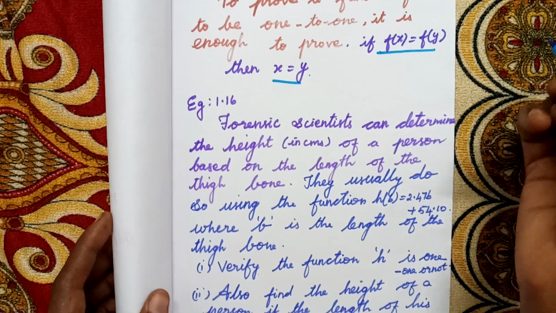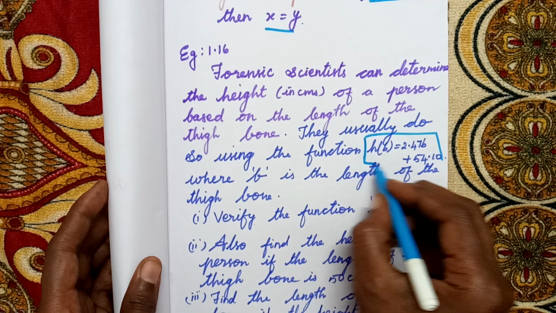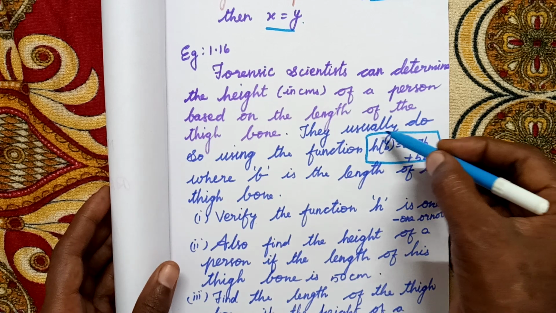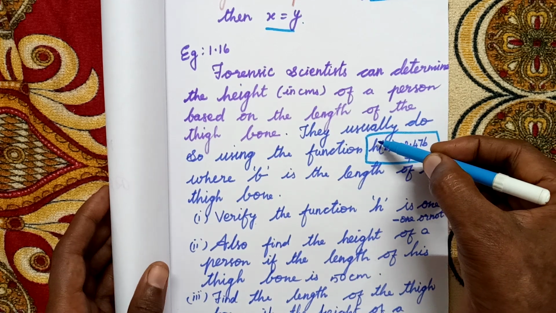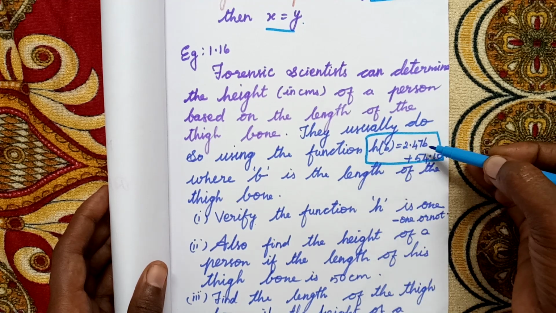Here which function is given? The function is h of b is equal to 2.47b plus 54.10. This is the height of a person based on the length of their thigh bone.